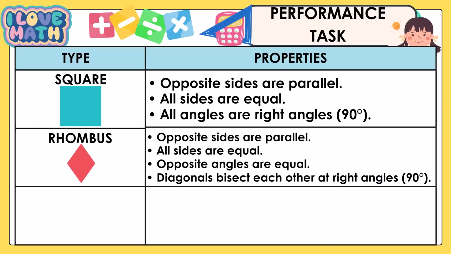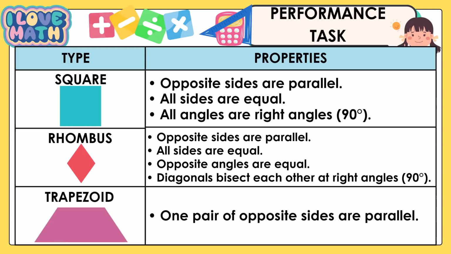Rhombus. Opposite sides are parallel. All sides are equal. Opposite angles are equal. And diagonals bisect each other at right angles with 90 degrees. Trapezoid. One pair of opposite sides are parallel.